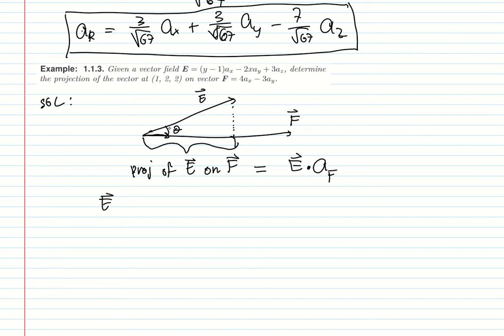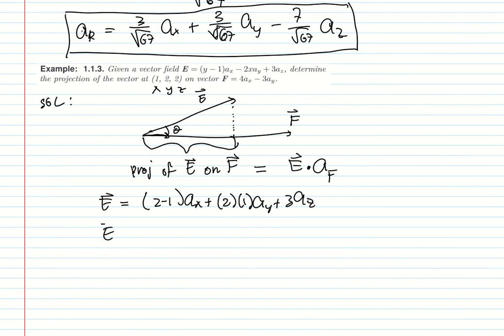Because this is a field, we need to determine the actual vector at that point. We're at 1, 2, 2. So your x here is 1, your y is 2, and your z is 2. So we just need to substitute this into the vector field. So we have y minus 1, or 2 minus 1, in ax, plus 2 times x. Our x is 1, so 2 times 1 ay, then plus 3 az.